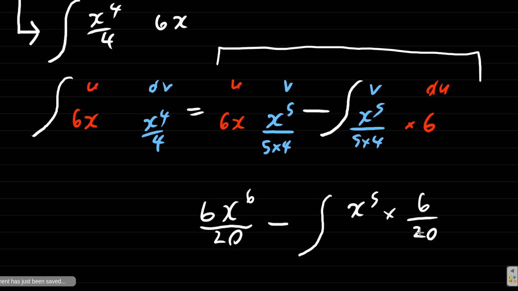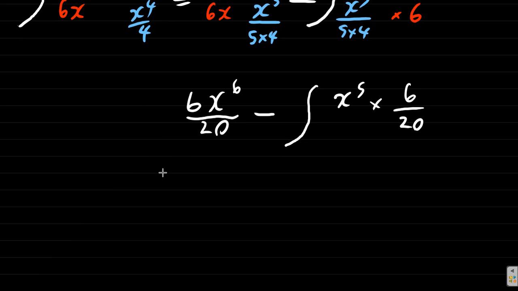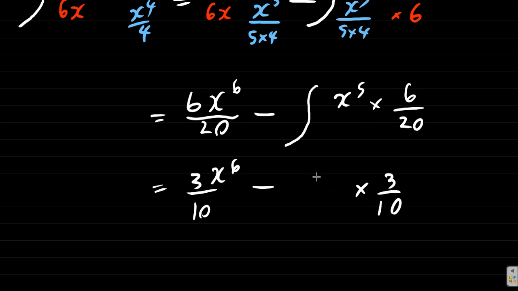See that? Now, this is equal to, we can cancel down 2 into 6, 3, 2 into 20, 10. So 3/10 x to the 6 minus, this is the same, 2 into 6, 3, 2 into 20, 10, x to the 5. When you integrate x to the 5, we get x to the 6 over 6. Alright?